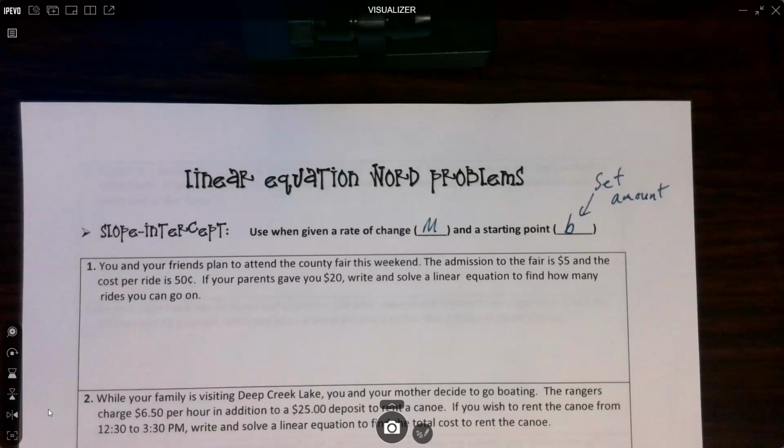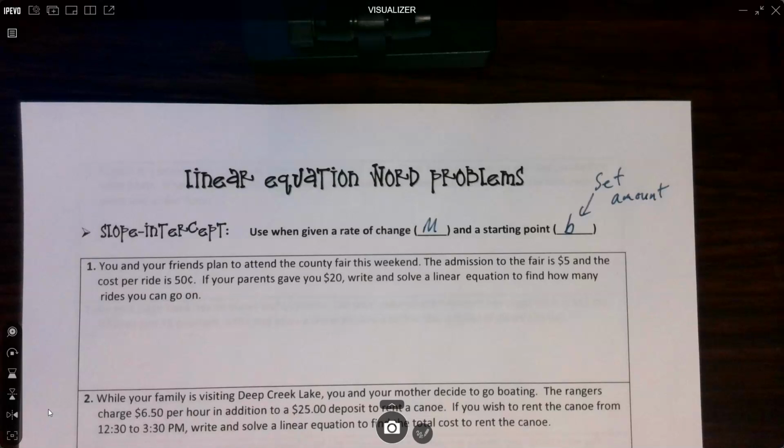If they show up and do absolutely nothing, you're still going to have to pay them $60. Now, for each hour that they stay, they will charge a rate on top of that. So that's what I mean by set. That $60 would have been the set amount. And then his or her rate might be $40 an hour, so you're paying an extra $40 per hour. As time passes, that's changing, so that's why we're going to use that as your slope.